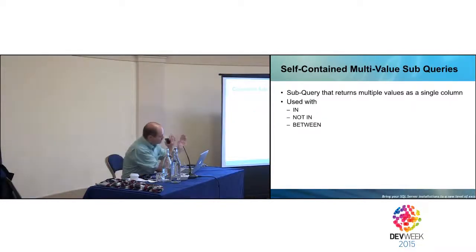A few words about correlated subqueries. As I've already said, on the logical level, a correlated subquery is executed for every row that we return from the outer table. On the physical level, SQL Server can do completely different things in the execution plan. Semi-join, as I've said previously, we just check if we have some rows in another table.